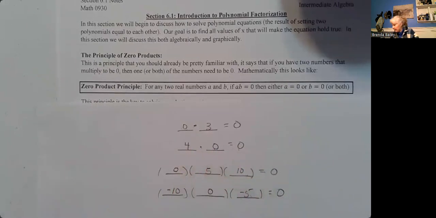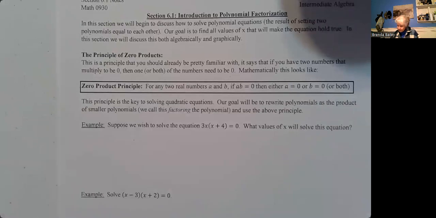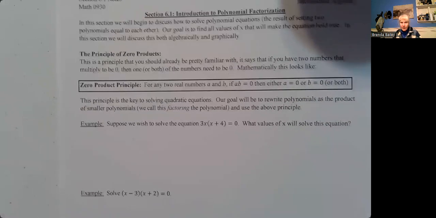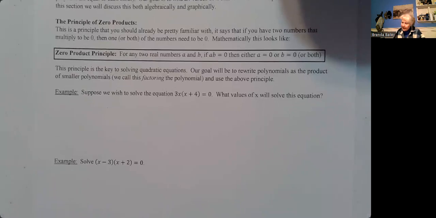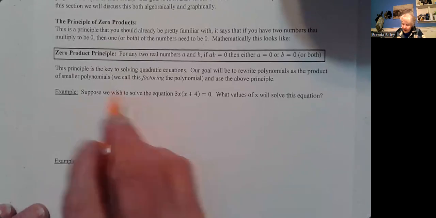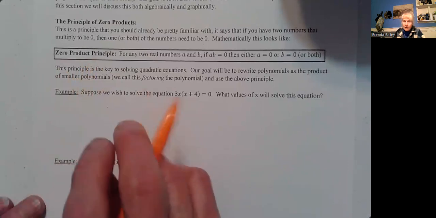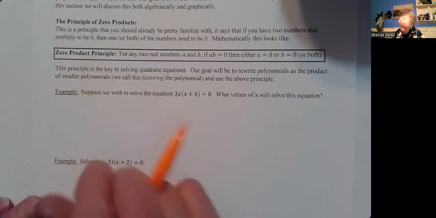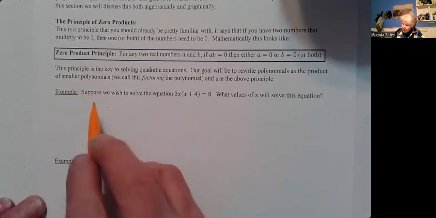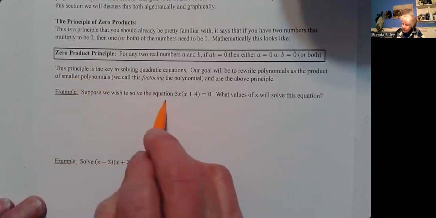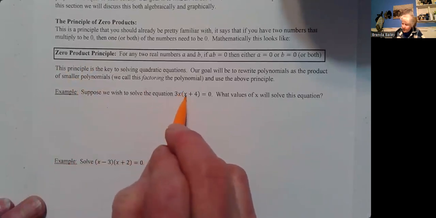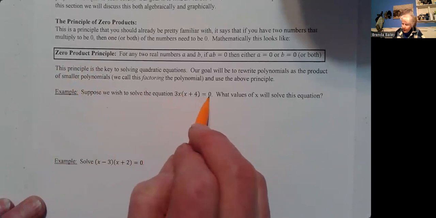So let's look at that idea here. Now, this is called the zero product principle. I'll just say set it equal to 0 and solve it. Here, suppose we wish to solve the equation 3x(x + 4) = 0.